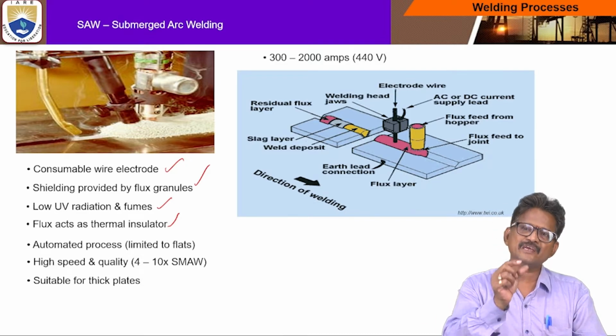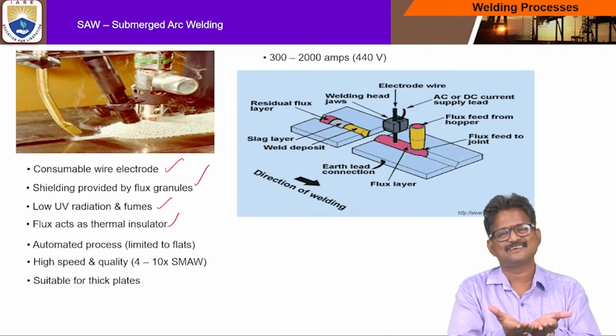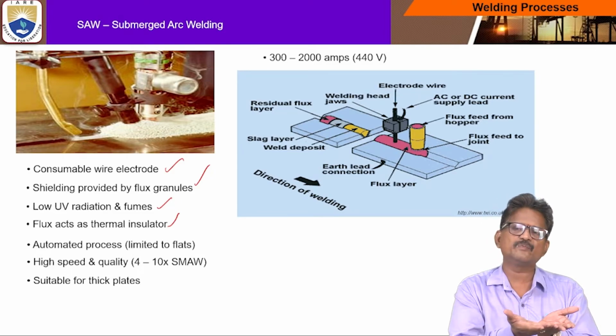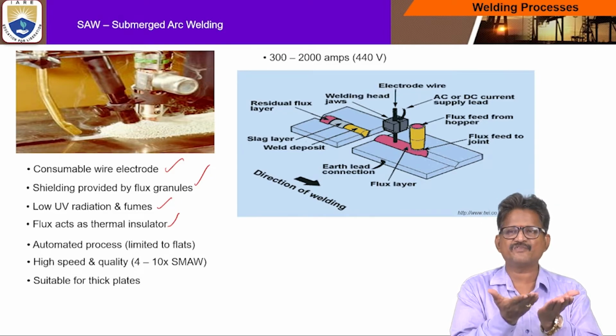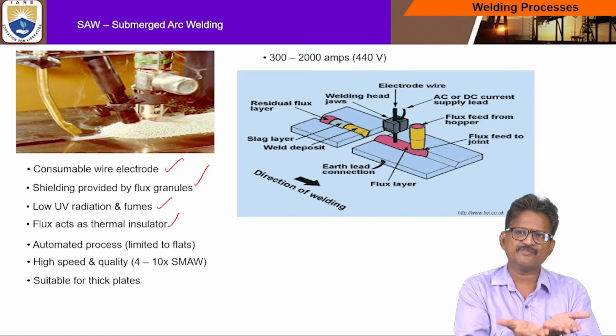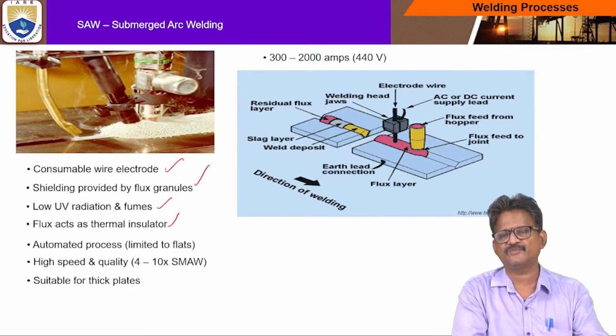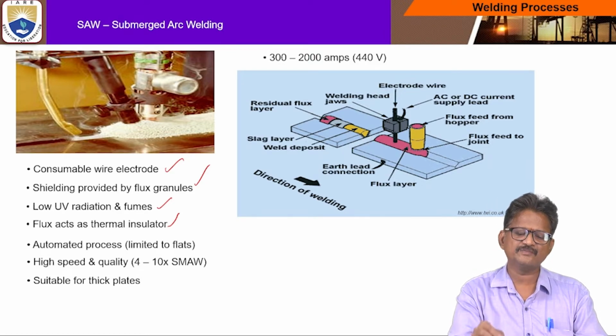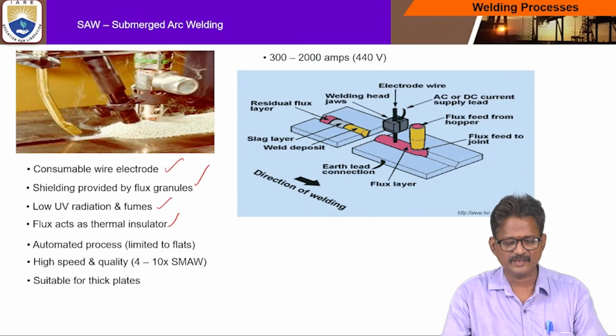It is limited to flat pieces. Wherever there are square or rectangular flat plates, you can join them with V joints and butt joints using the submerged arc welding process.